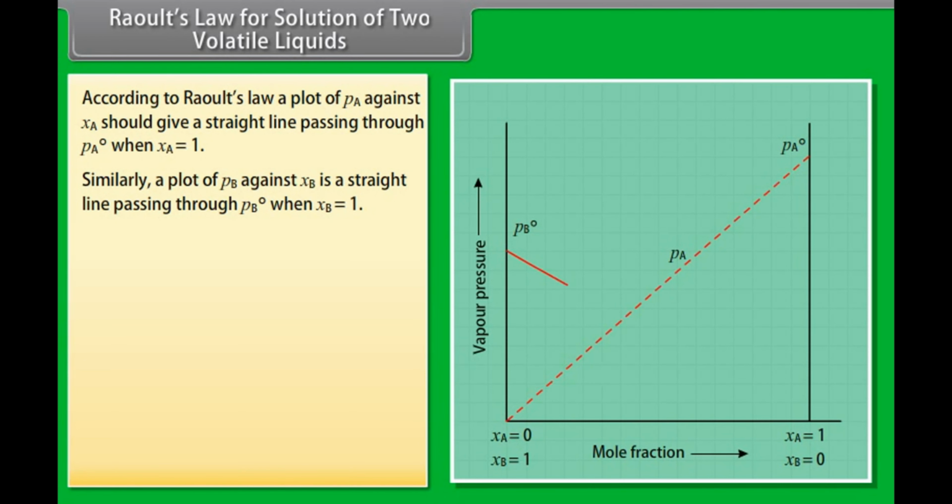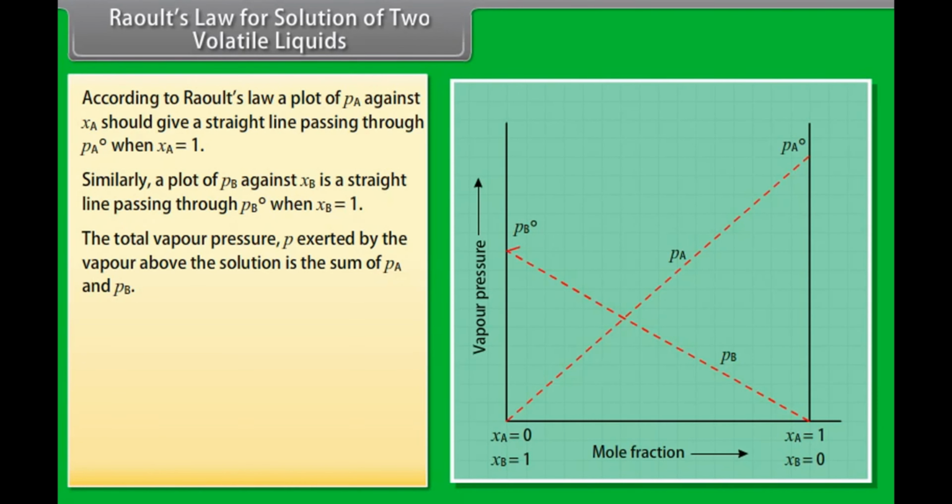Similarly, a plot of PB against XB is a straight line passing through PB° when XB is equal to 1. The total vapor pressure, P, exerted by the vapor above the solution is the sum of PA and PB. P = PA + PB.